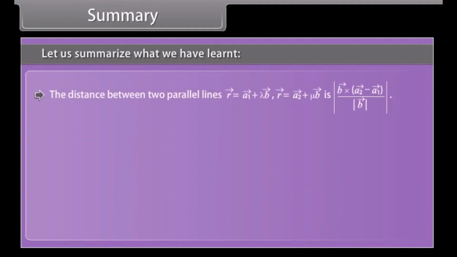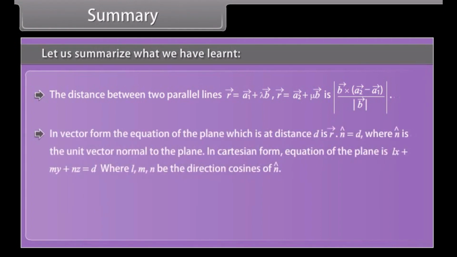The distance between two parallel lines is, in vector form, the equation of the plane which is at distance d is where cap n is the unit vector normal to the plane.